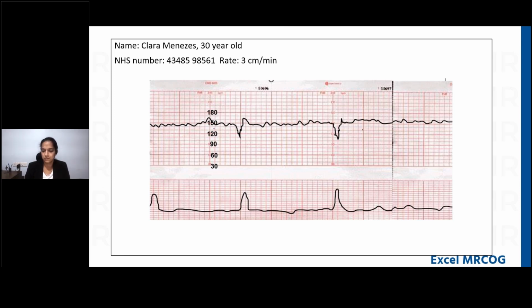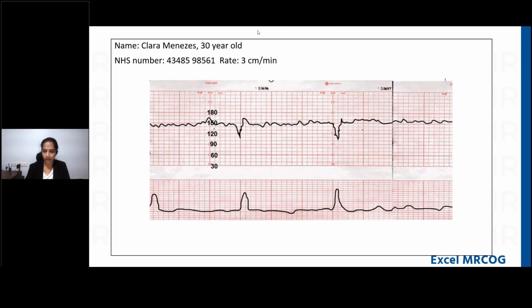So in our particular case, it is not significant. So what we can do, we can put the patient on conservative measures and continue to monitor, and manage the patient along with the CTG, as a whole clinical picture we are seeing.